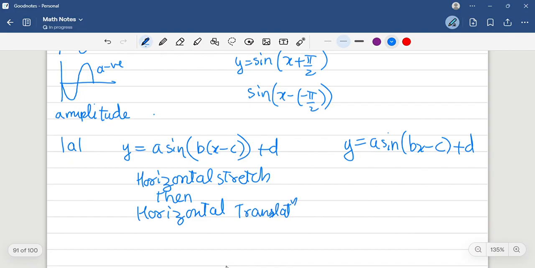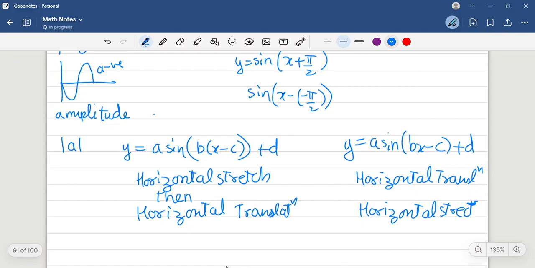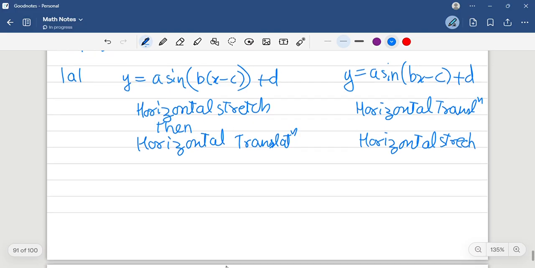But if you check the second one, first there's a horizontal translation, and then there is a horizontal stretch. It completely depends on the type of question that they're asking. So in the question, if they've already given the function, please be very mindful of this.